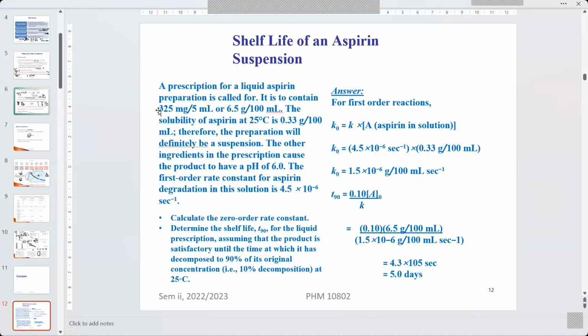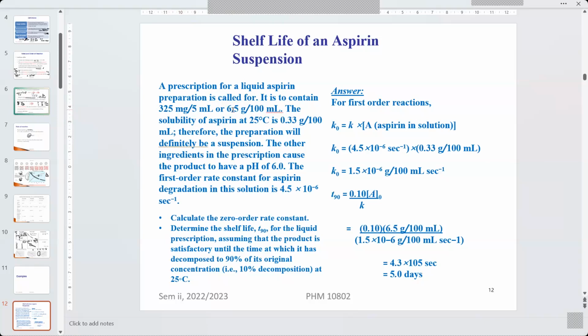It is to contain 325 milligrams per 5 ml, or 6.5 grams per 100 ml. The solubility of aspirin at room temperature is 0.33 grams per 100 ml. Therefore, the preparation will definitely be a suspension because this amount is far larger than the solubility limit.